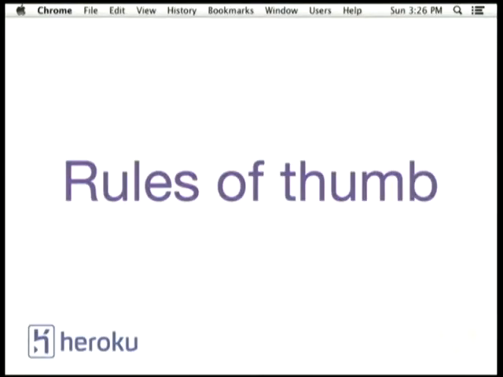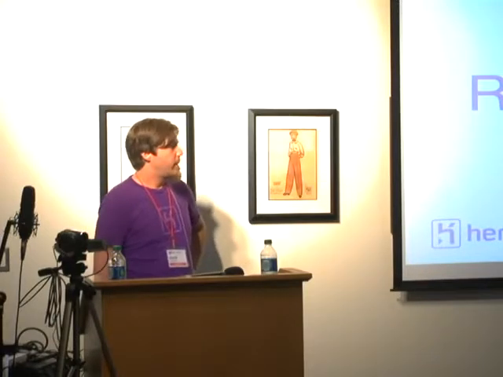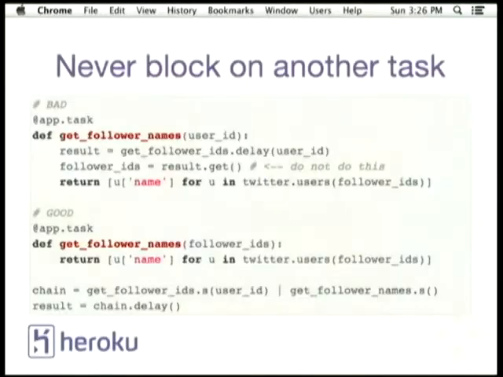So I put together a few rules of thumb that aren't directly related to workflows, but are some best practices throughout my years using Celery. The first one I feel like is pretty obvious. Never block on a task, from a task, or from any process, really. The whole idea of Celery is that it's meant to be concurrent.